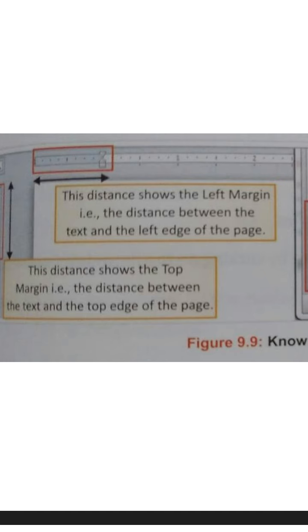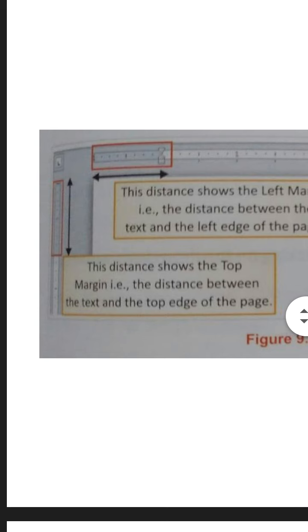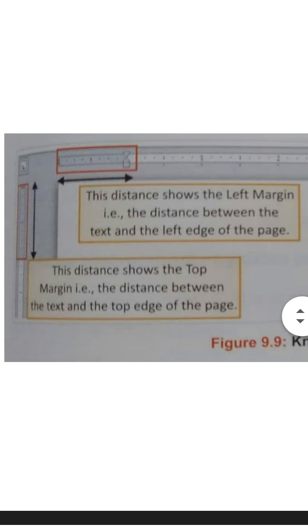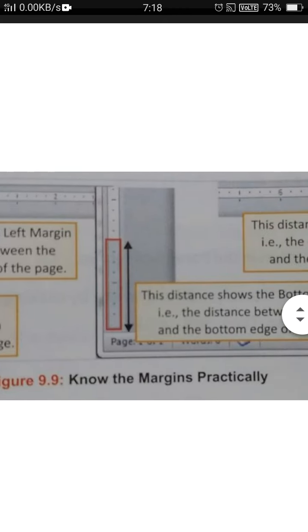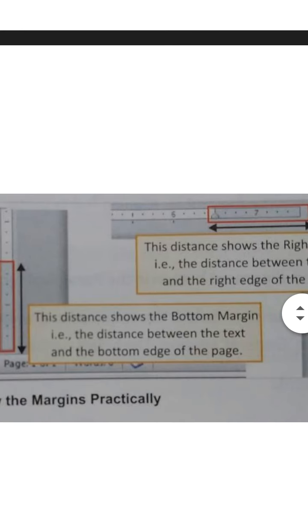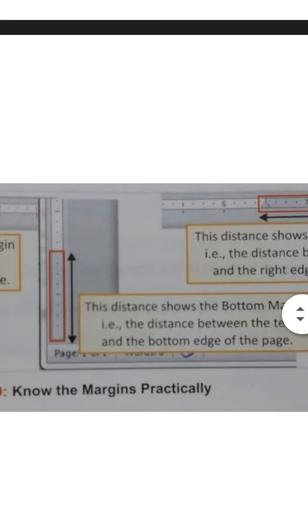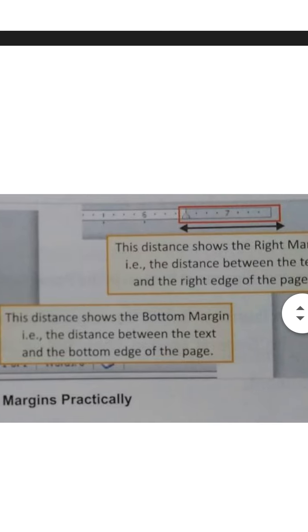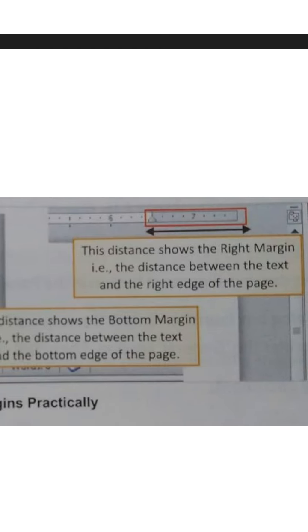and from the top side this distance shows the top margin as it is given. And from the ruler line you can set the bottom margin as well as right margin also.